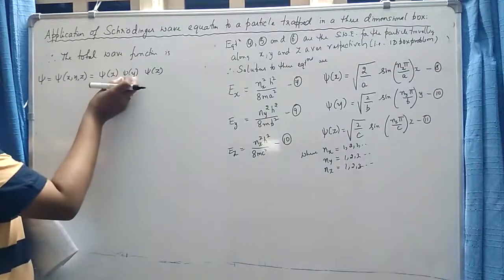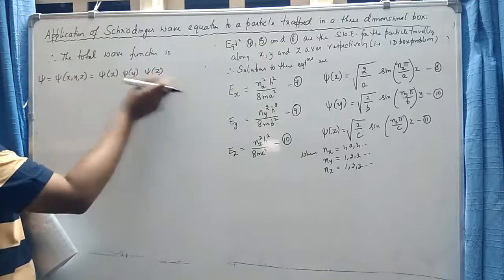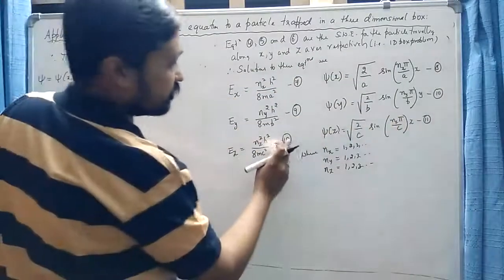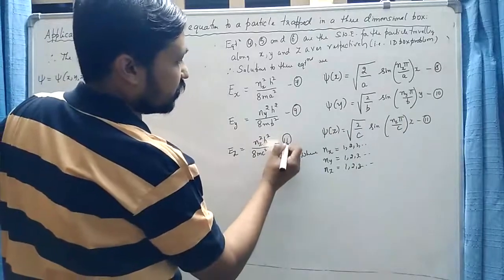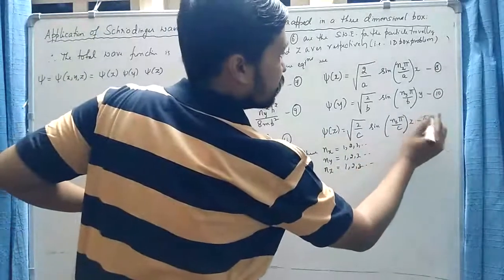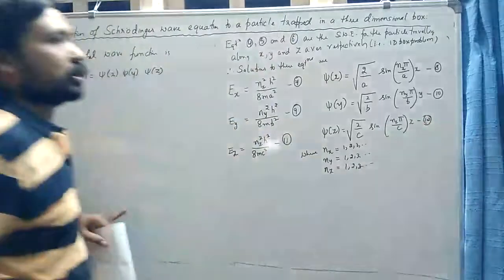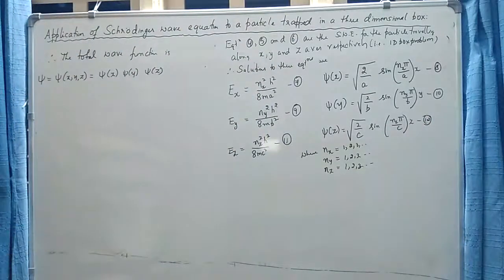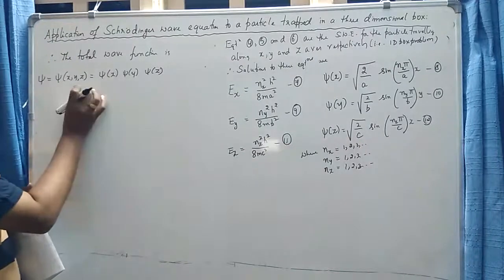Knowing what is psi of x, psi of y and psi of z from equations 8, 10 and 12, we can find out the total wave function.